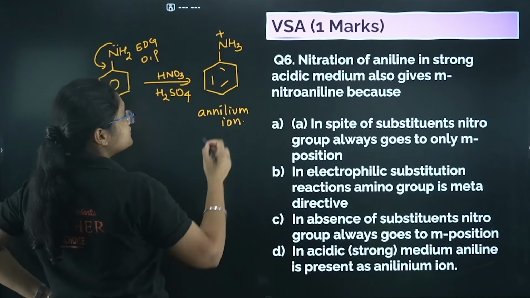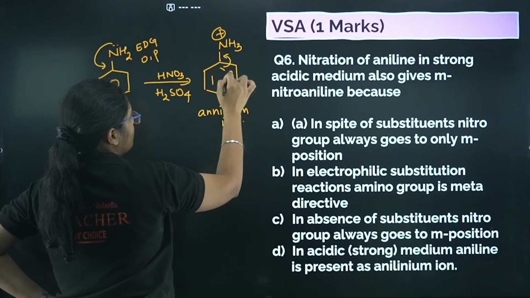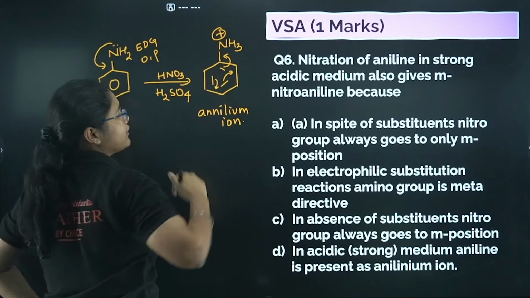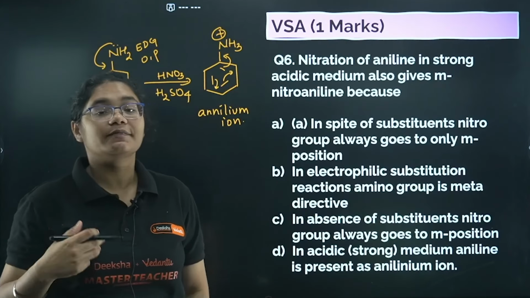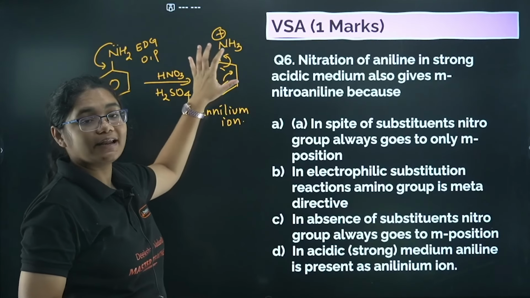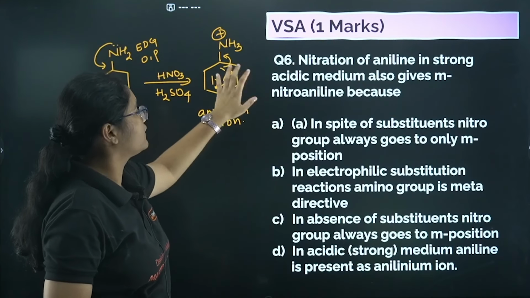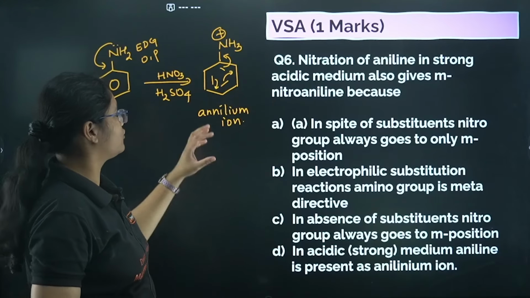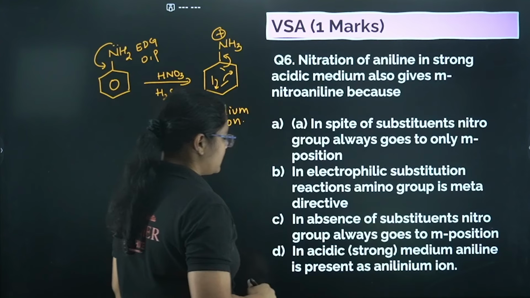Now this has a plus charge, so it will attract electrons. It will pull electrons towards itself, right? Then the group will be an electron withdrawing group, and being electron withdrawing, it will direct to the meta position. The groups will be attached at the meta position. Clear?